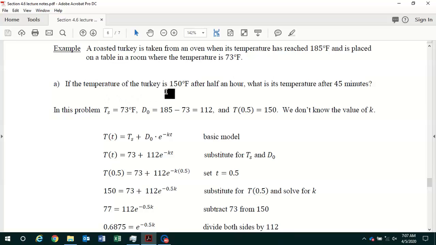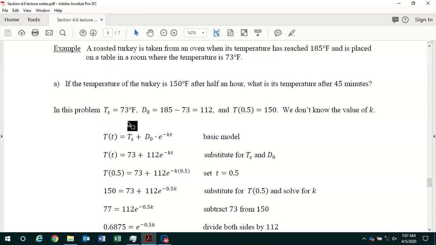If the temperature of the turkey is 150 degrees Fahrenheit after half an hour, what is the temperature of the turkey after 45 minutes?